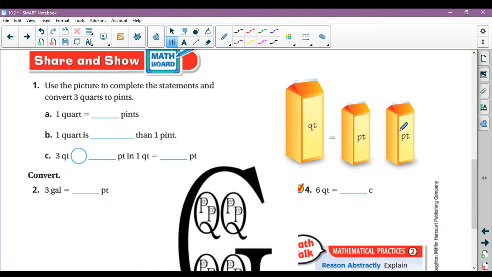So once again, for me, it's just easier to look at this picture, and I can quickly see that there are 2 pints in 1 quart. And then it says 1 quart is what then 1 pint? Well, this picture helps for that, I think, because if you have 1 quart, it's actually going to be more than 1 pint. So it's greater than.